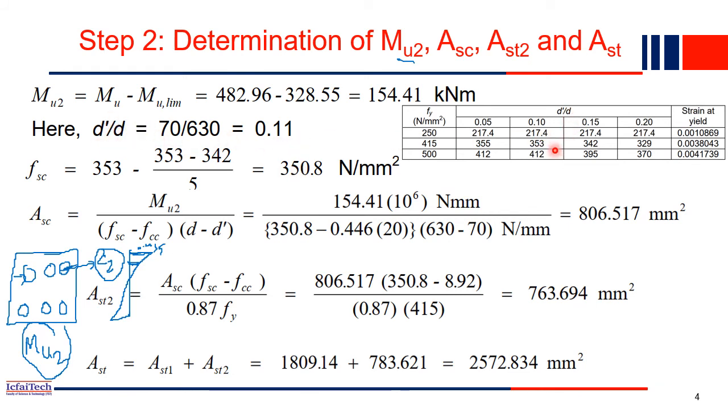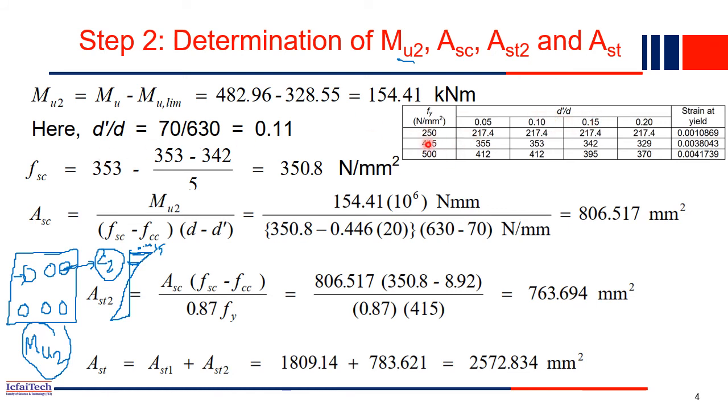In this table, we have 0.1 and 0.15, but our value is 0.11, so we have to interpolate. Our value 0.11 lies between these two points, 0.1 and 0.15.